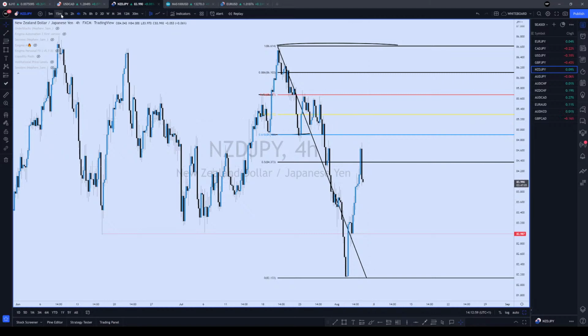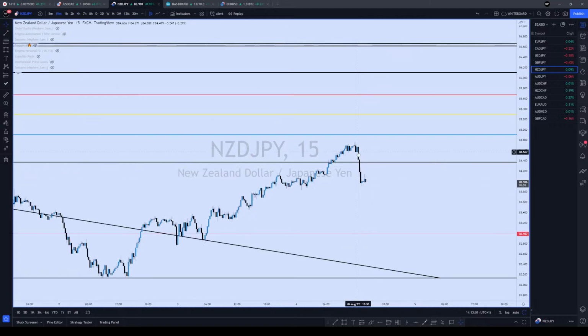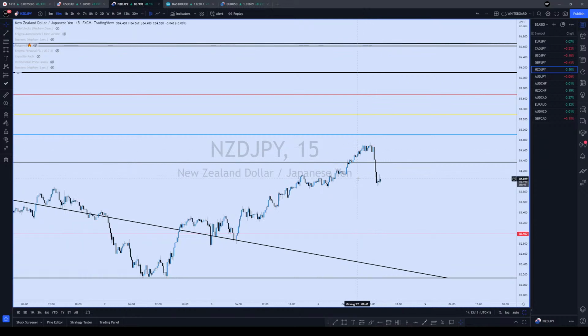So it might retrace back up, but I wouldn't look for a... okay, let me find my words properly. It might retrace back up, but I will not be selling.